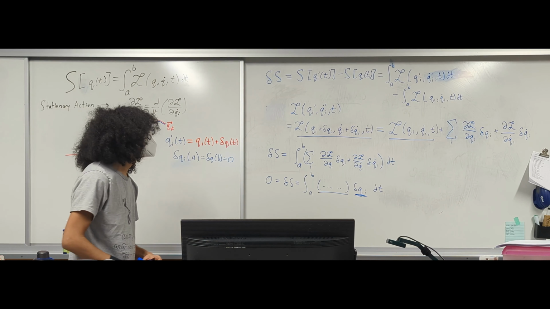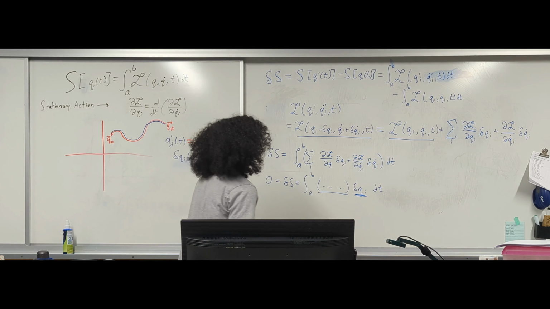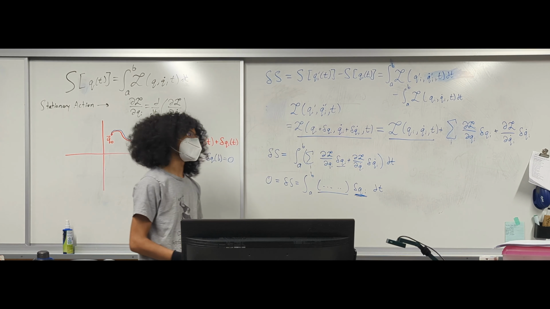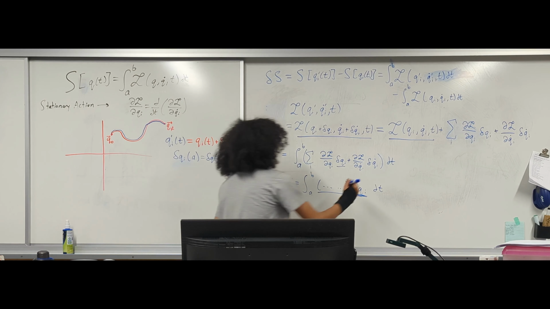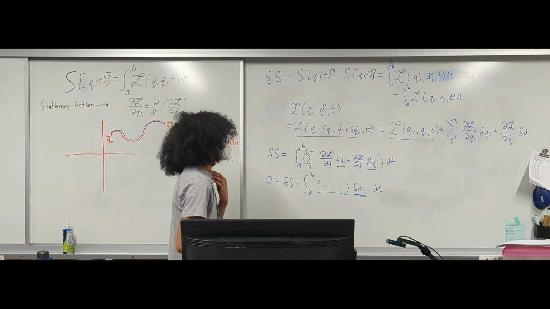Okay? So that's the end goal. The trouble is right now that we do have something where we're multiplying by delta qi, but here we don't. We have these delta q dots.